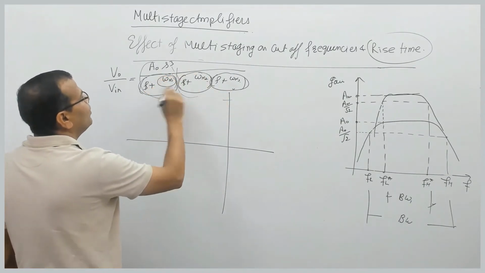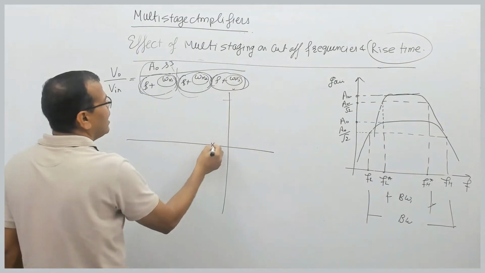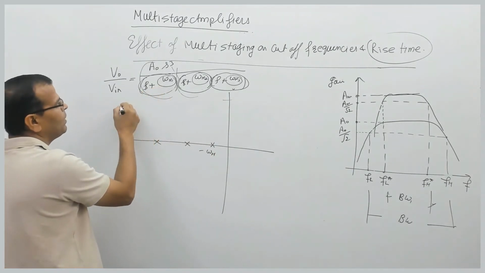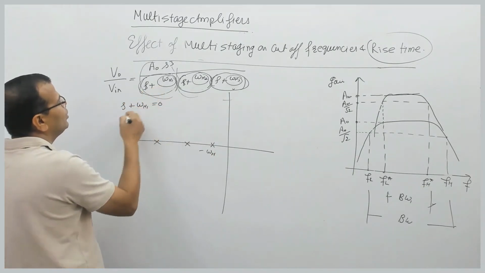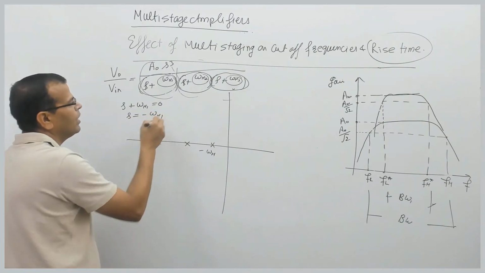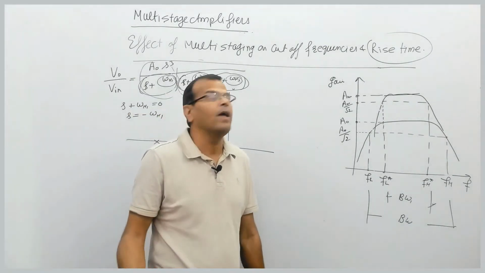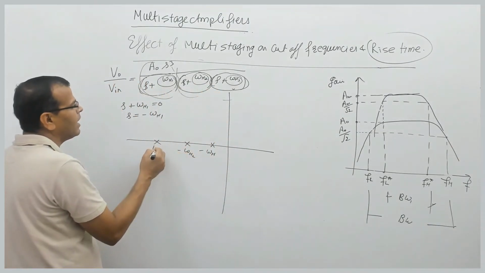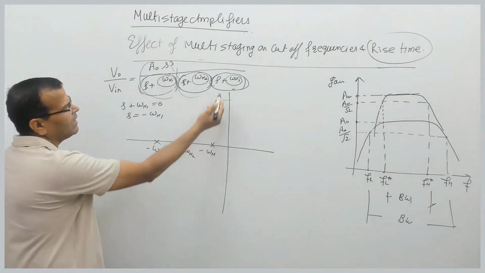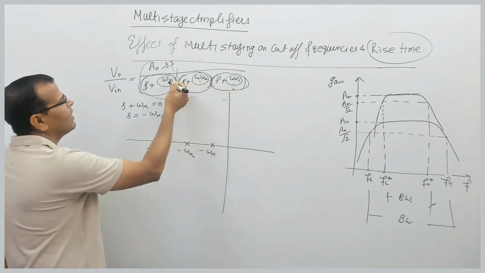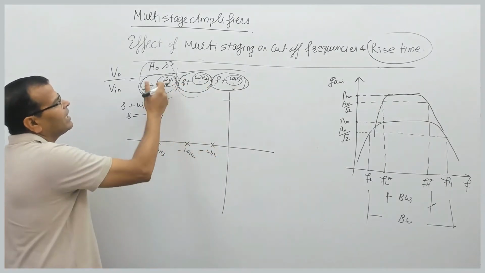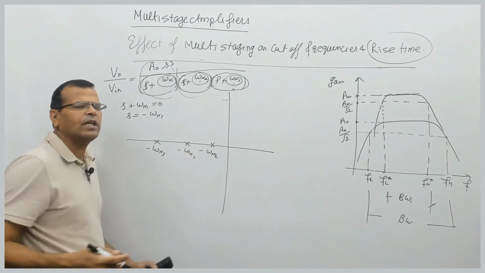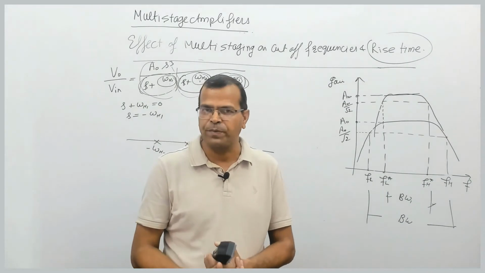So this is one pole, this is the second pole, this is the third pole. So I have multiple poles, say omega H1 on the negative axis, of course, S plus omega equal to 0, if you remember a little bit of control systems. It gives multiple poles on the omega axis like this, and not necessarily is this one farther; that depends on the relative values of omega H1, H2. It may be like this, omega H2, then omega H3, omega H1, and so on. That depends on the relative values of the poles of each stage.